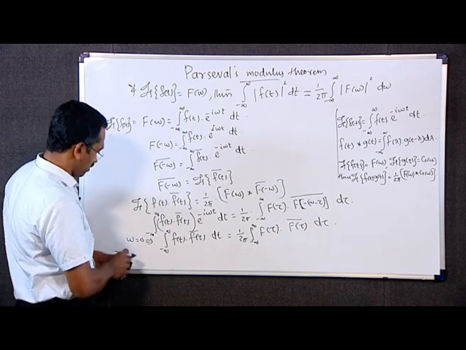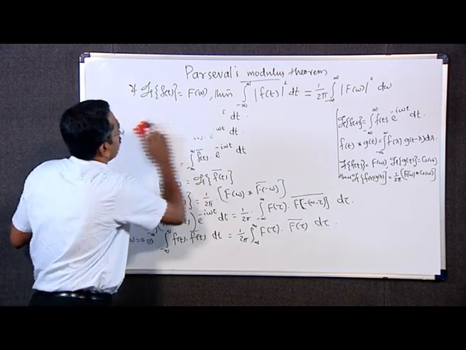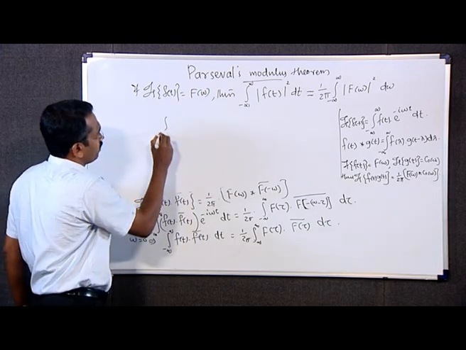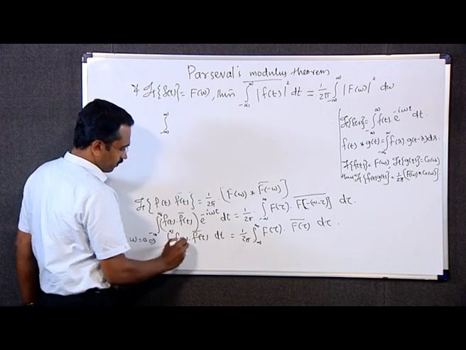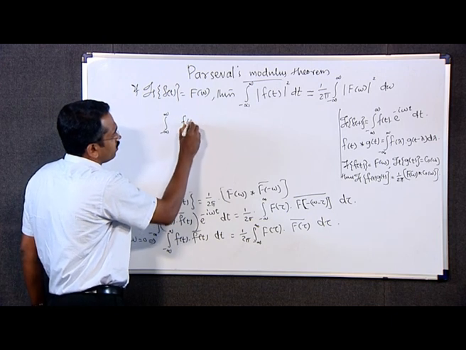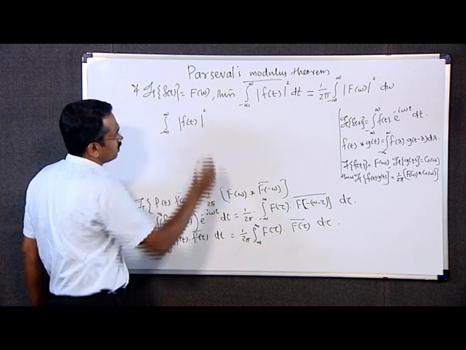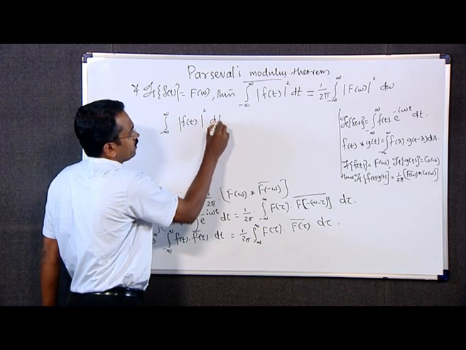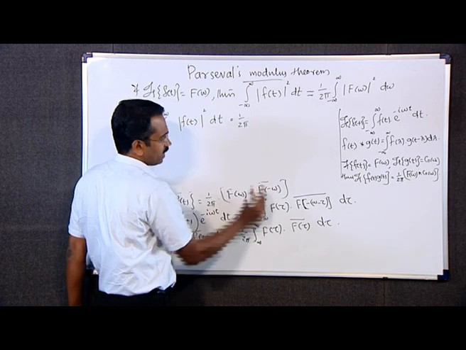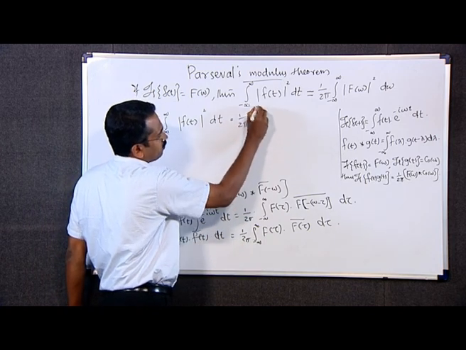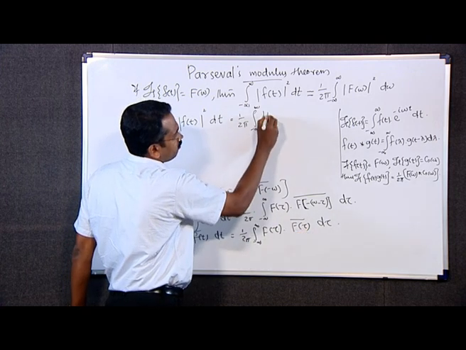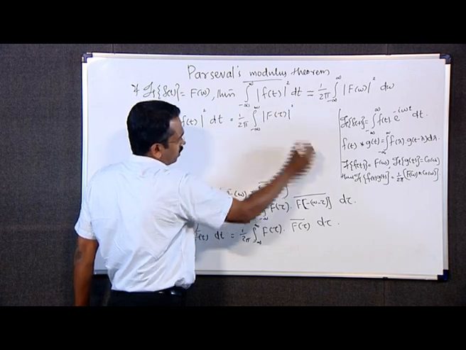That is, this gives the integral from minus infinity to infinity of f of t into f of t conjugate, we can write as modulus of f of t square into dt, which is equal to 1 by 2 pi into the integral from minus infinity to infinity of f of tau into f of tau conjugate, meaning modulus of f of tau square d tau.